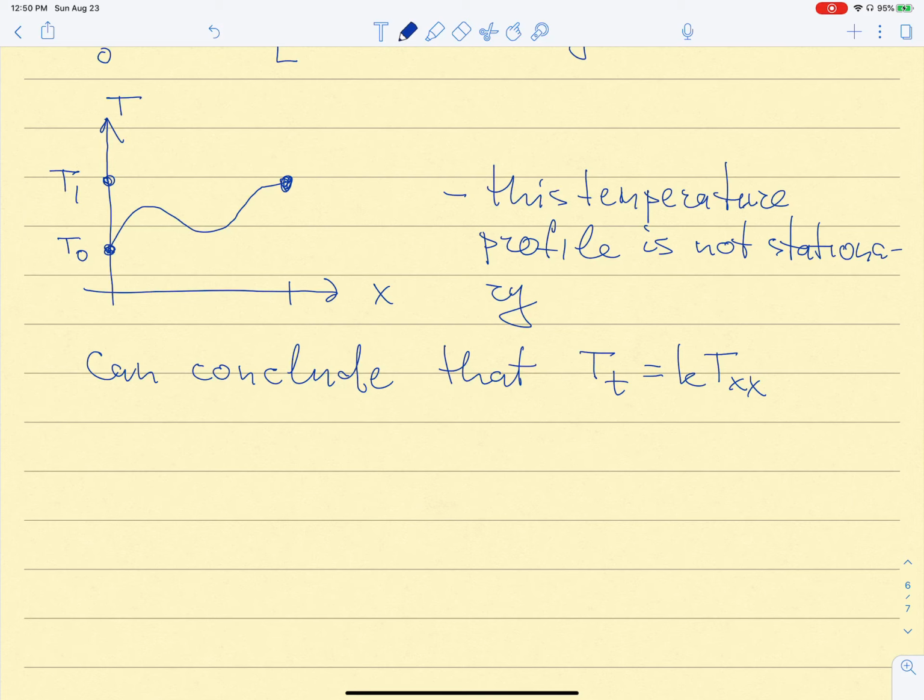Because here we're talking about the concavity of the function T of x, and whenever this function has a second derivative that is not equal to 0, you would expect to see temperature change in time. So you would expect that the derivative of T with respect to time is also not 0.